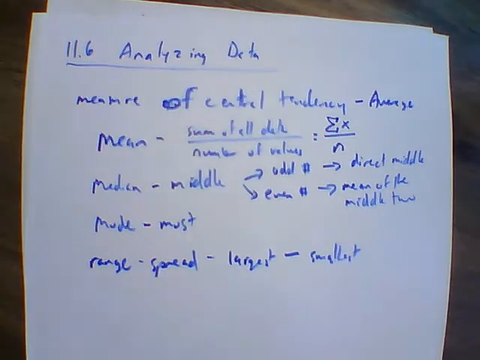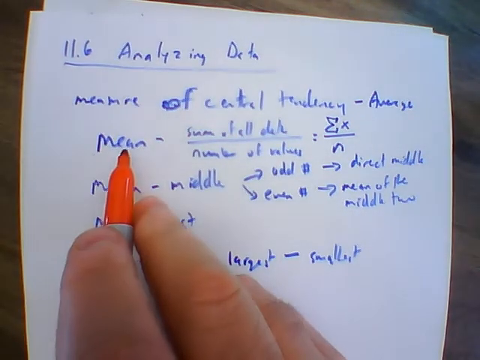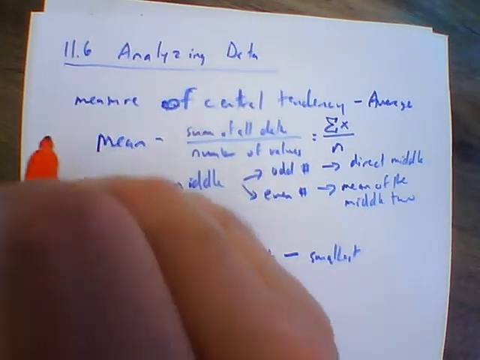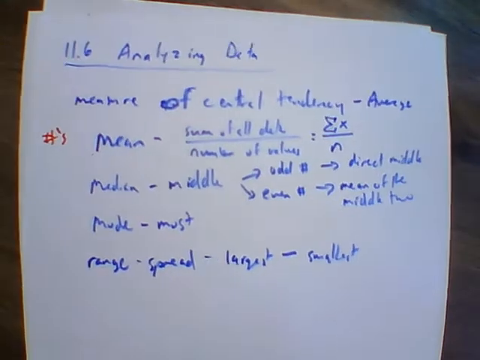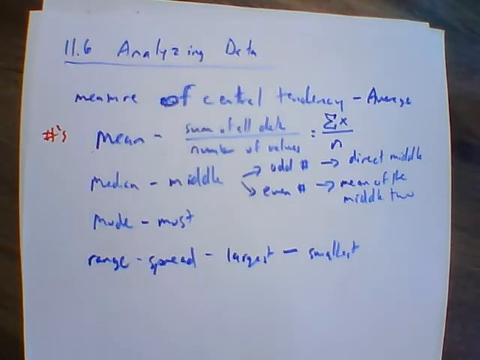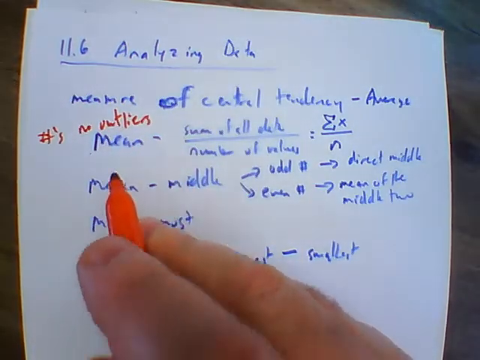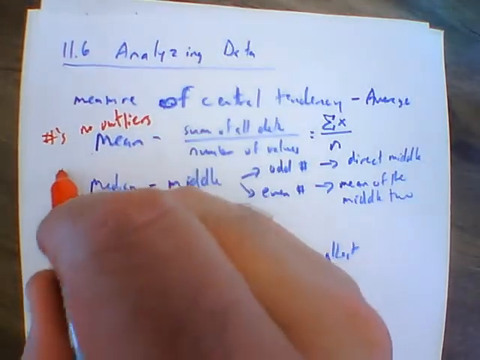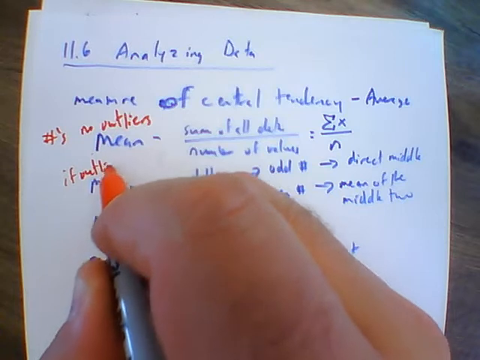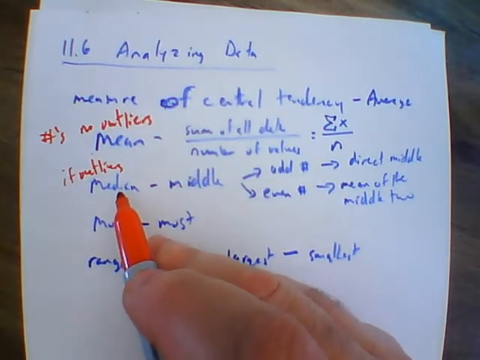Now, each of these have a very specific time that they are the best. So the mean, if we were dealing with numbers, will tell us the center as long as there are no outliers. Okay, if we have outliers, then the median.